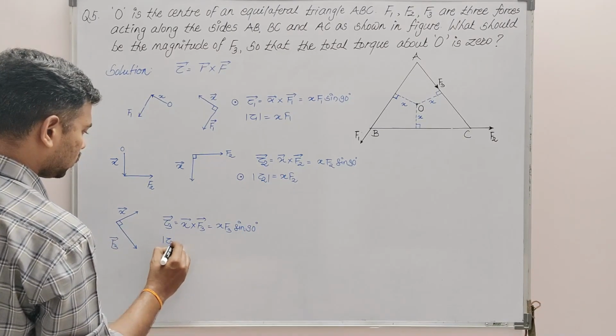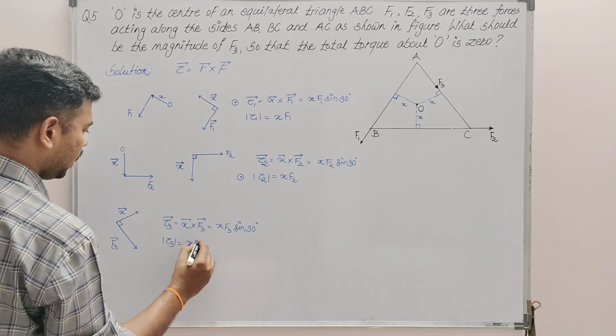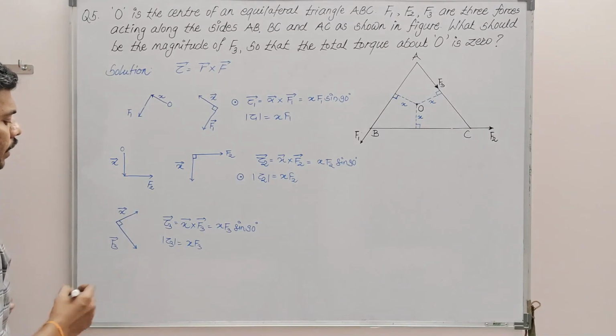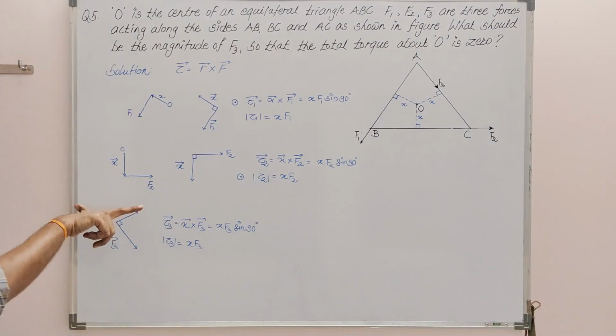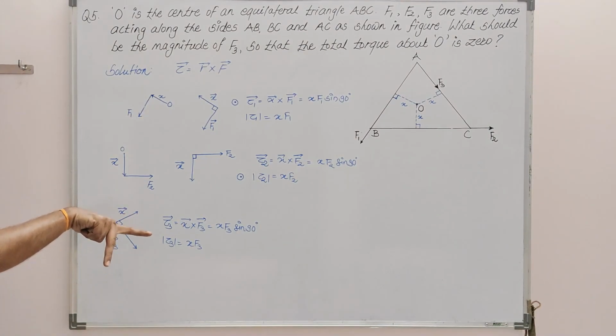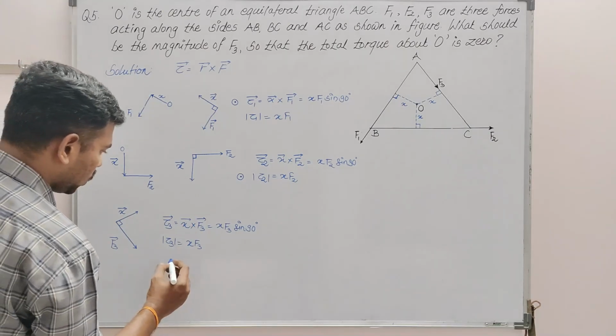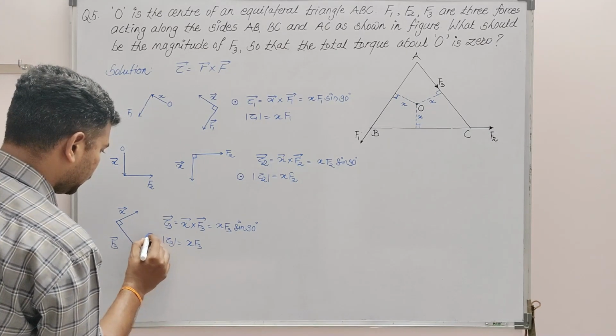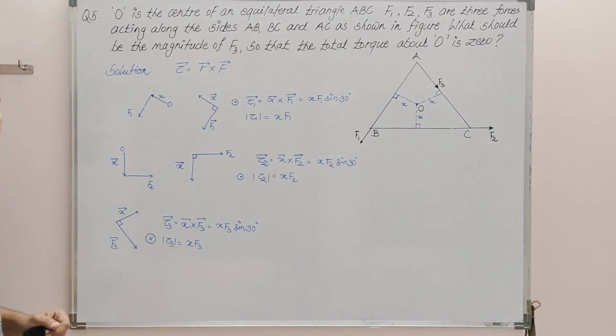So torque 3 is equal to XF3. This is the magnitude of torque 3. Now what is the direction? The X vector is in this way, F3 is downside, so into the plane is the direction of torque. So the torque is directed into the plane.